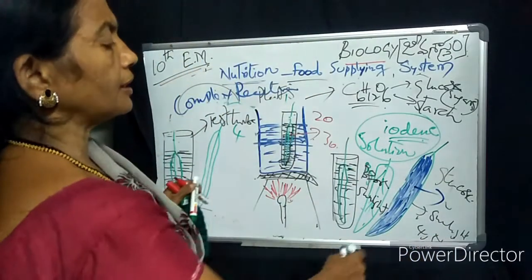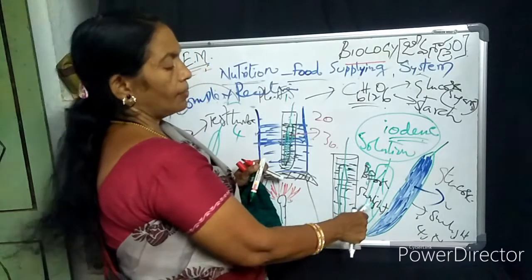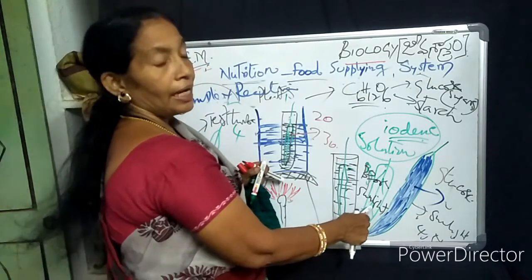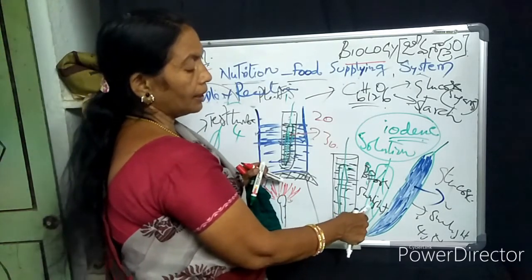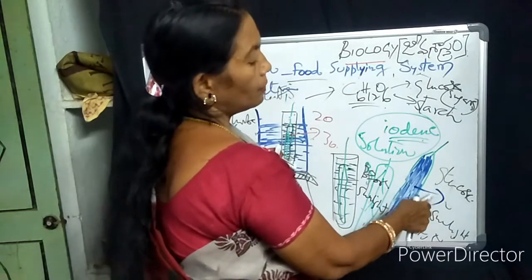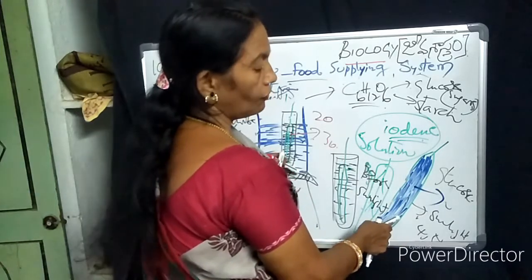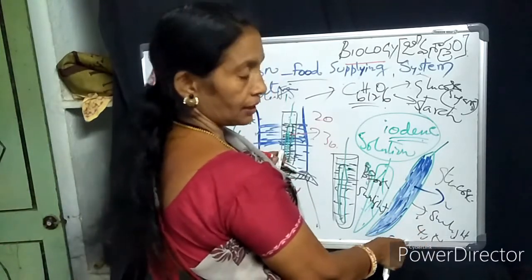So what is the difference? We have done the experiment with iodine solution on the leaf which has not got sunlight, and we have put iodine solution on this leaf which got sunlight for 4 hours.